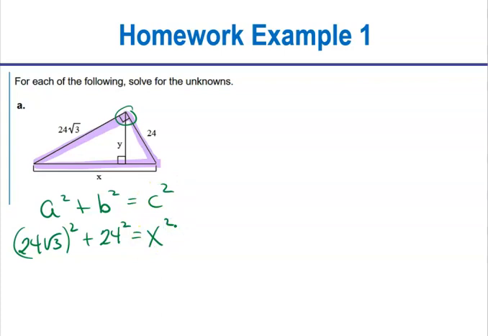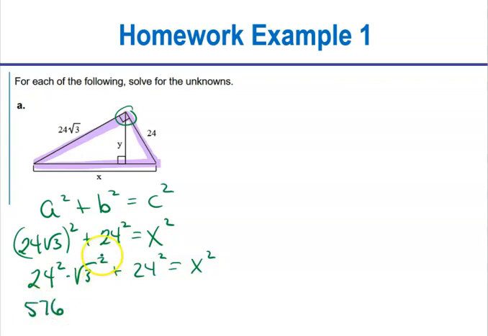Now, when you square a product, when you have a product raised to a power, we know those properties of exponents. I'm allowed to raise each one of those separately to that power. So I'm going to calculate 24 squared, and then I'm going to multiply that by the square root of 3 squared plus 24 squared equals x squared. Now I'm going to go to my calculator, and we know that 24 squared is equal to 576.